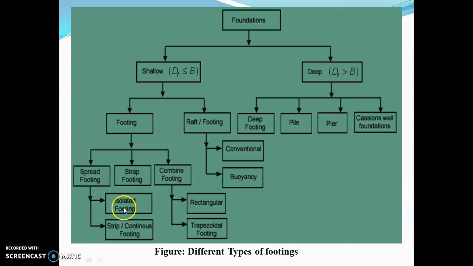Spread footing includes isolated footing, strip or continuous footing. Combined footing includes rectangular and trapezoidal footing. Raft foundation again has two types, conventional and buoyancy. Under deep there are piles, piers and well foundation. So this is the general classification of the foundations or footings.